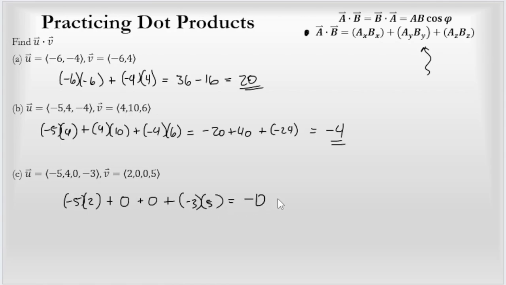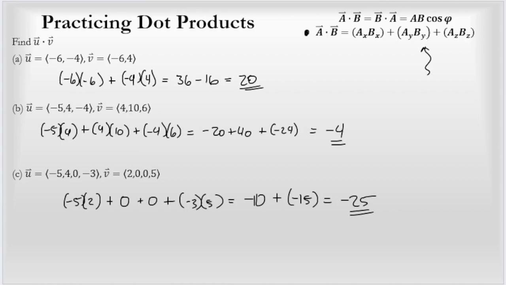So I get -10 plus -15, and you can see that this is a -25. Okay, so even when the dimensions get larger, the dot product is still pretty easy to calculate. I made the example easier by putting some zeros in here. You may have some non-zero values, but that's how you do the dot product using the components.